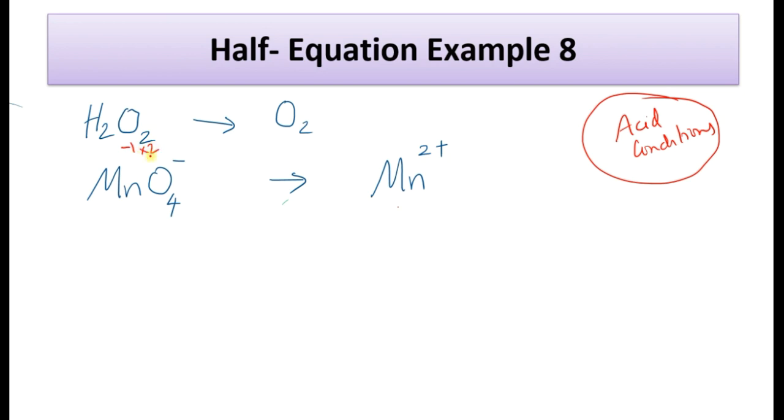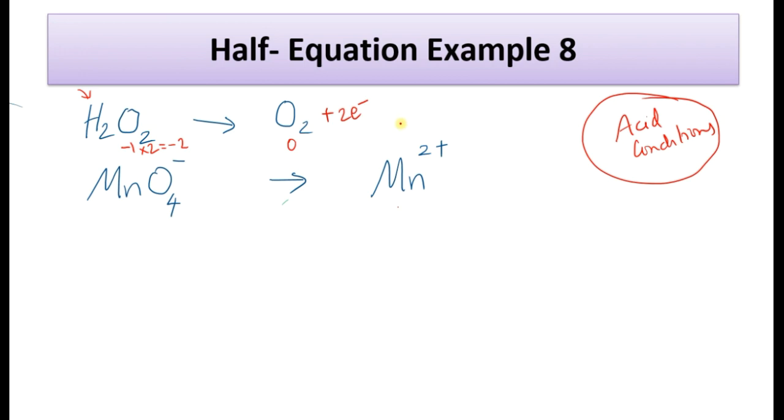Times that by 2, so you have a total oxidation state of minus 2 here, and then you have 0 here because that's an element. So that means this has lost 2 electrons over here. Also notice there are 2 hydrogen atoms here.